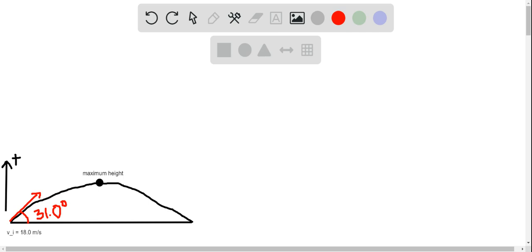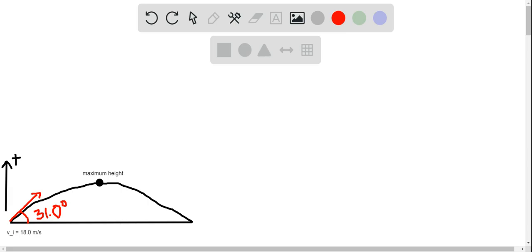And we have been asked how long it would take for this football to hit the ground again. So we're basically being asked how long this football stays in the air, or the time of flight for this football, right?